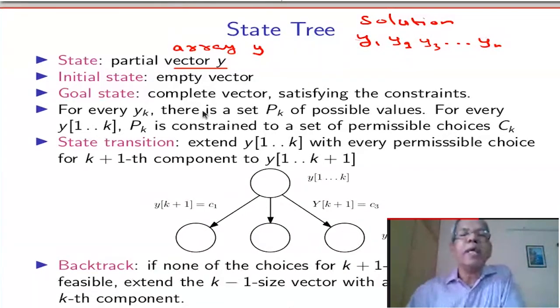For every yk there is a set of possible values. What are the possible values for the first component, y1? What are the possible values for the second component, y2? For the third component, y3, and so on, up to the nth component, yn?